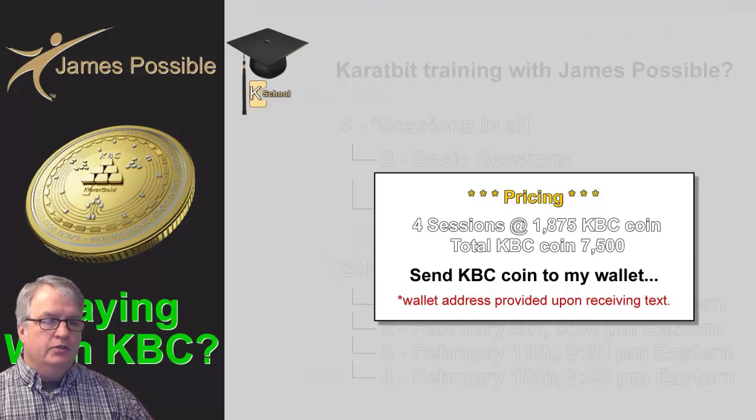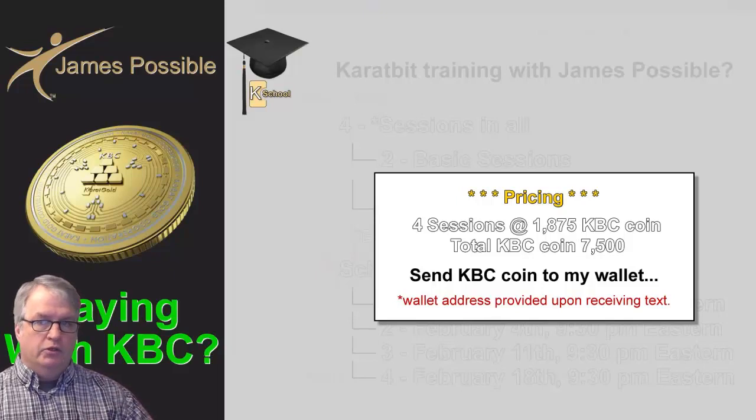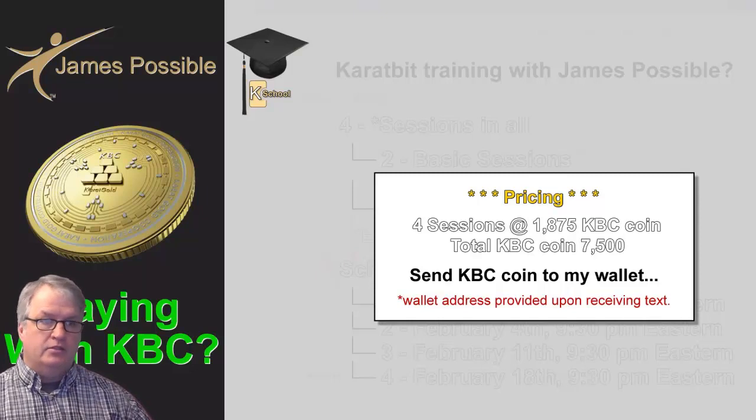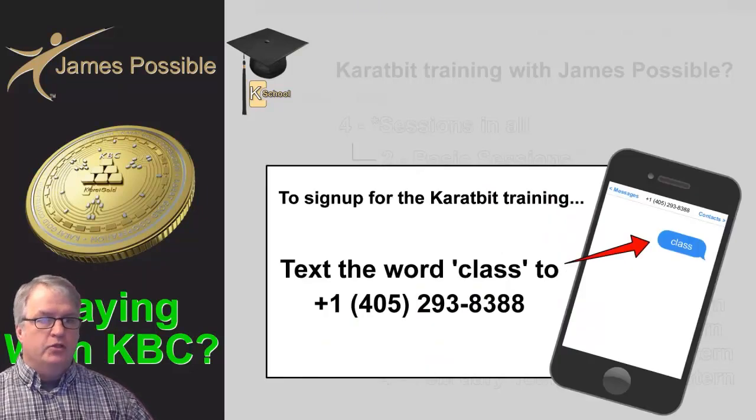So what you're going to do is send the KBC coin to my wallet. Once I receive a text from you with the word class, C-L-A-S-S, and I'll share more about that in a minute, I will provide you with my wallet address. So to sign up for the training, just simply text the word class to 405-293-8388.